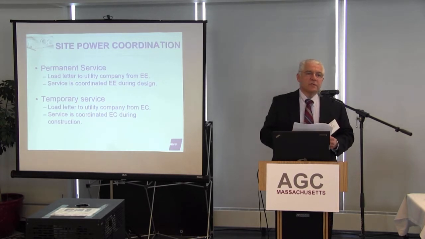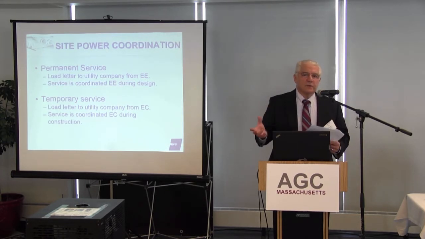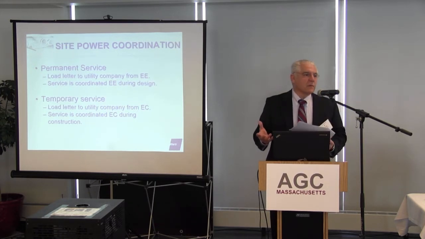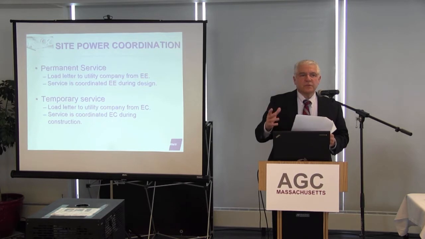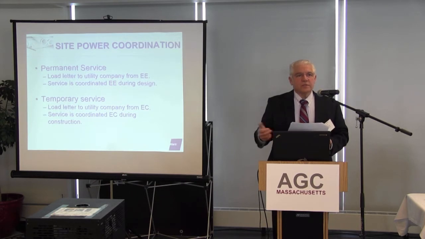The utility company has a metering department, so they have to come out and give you the requirements, what they're looking for, the size of the conduit to the meter location, and they'll bring what are called current transformers, which feed the meter. So you have 480 volts, and then the transformer takes it down to a voltage that the meter can accept and read.